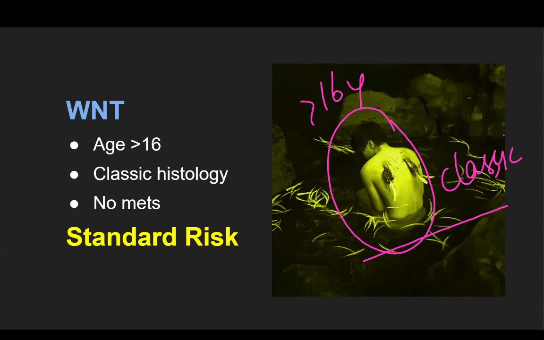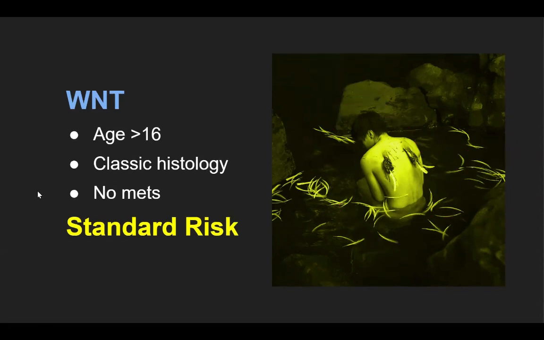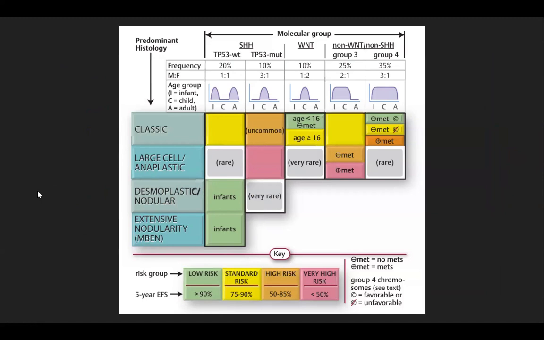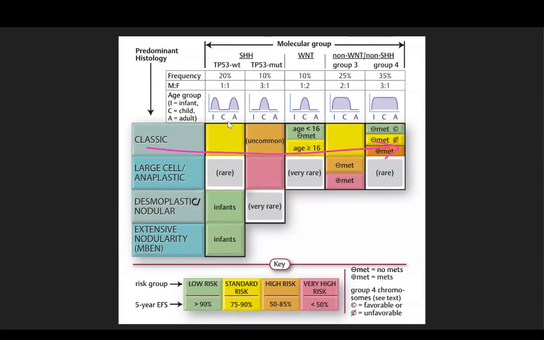We go back to the previous slide so that we remember this in the group. Let me go back. So we come back to the same slide. You all can follow my cursor. This one was the first line. We are going like this in this direction. We remember that SHH TP53 wild type is a standard risk age group.